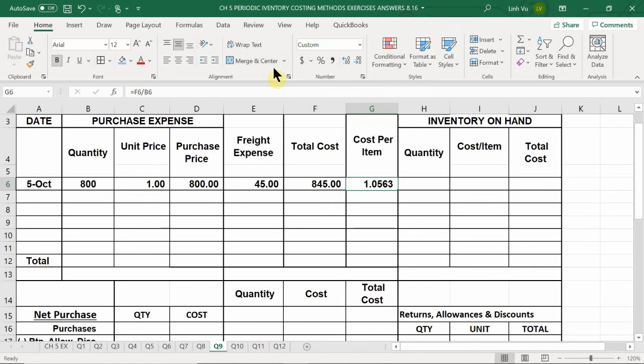You do not need to calculate your cost per item because we don't care what batch came first or last. Okay. So there you go.